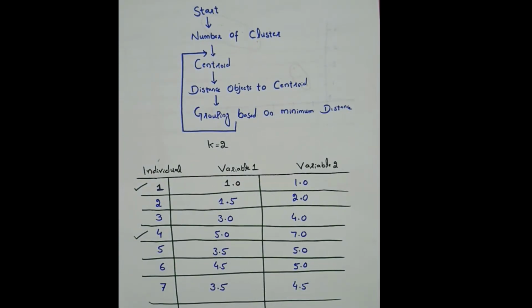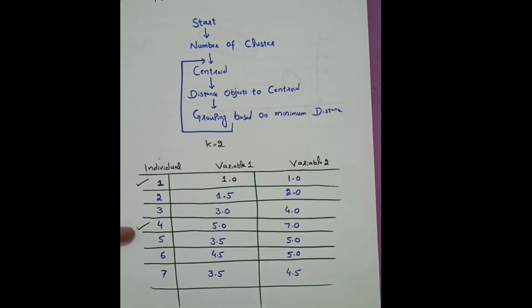So we have picked the 2 centroid values initially, randomly. Now it means that in cluster 1 we have individual 1, and in cluster 2, individual 4.